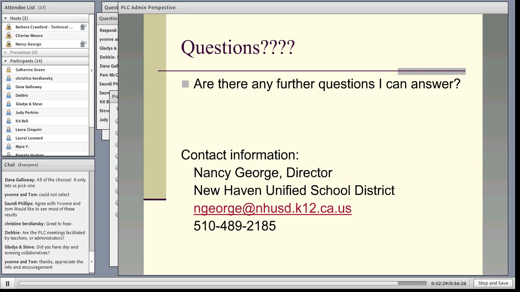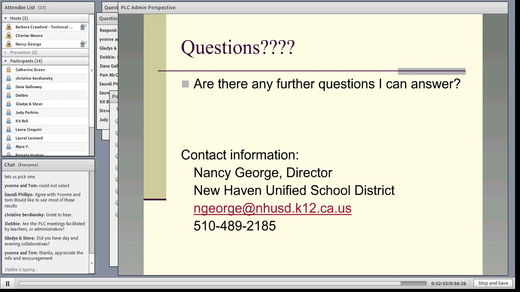We don't have administrators facilitate any of them, but we do have program managers facilitating now, and that was only because we could not afford the extra time that we needed to pay the teachers in order to do the planning that comes with facilitating those meetings. So we had to shift last year over to having the program managers take on that role so that they could embed that planning time in their regular work hours.